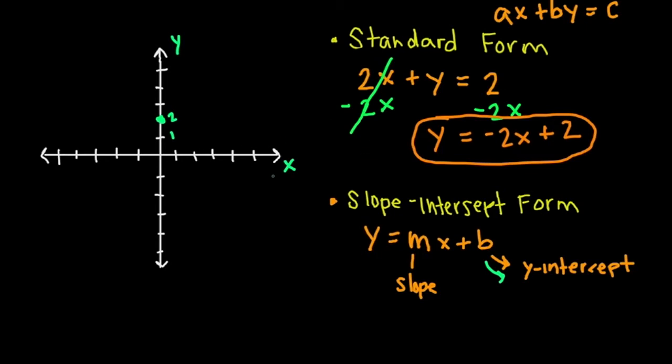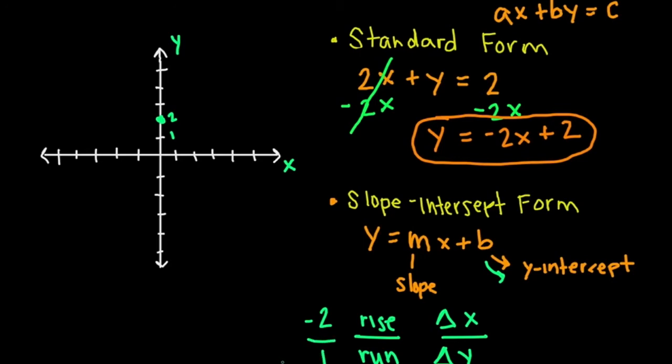The slope is the rise over the run. When you get into the higher grades, it's the change in y over the change in x. Right now, in my middle school classroom, we teach it as rise over run. So this is a -2, and to make a -2 into a fraction, we put it over 1.